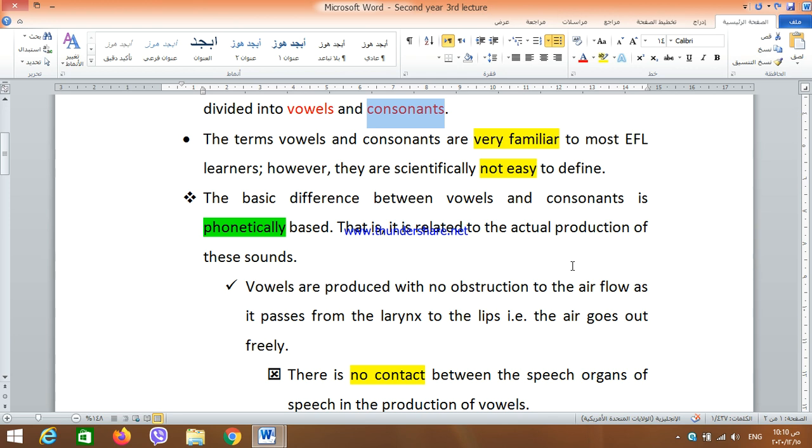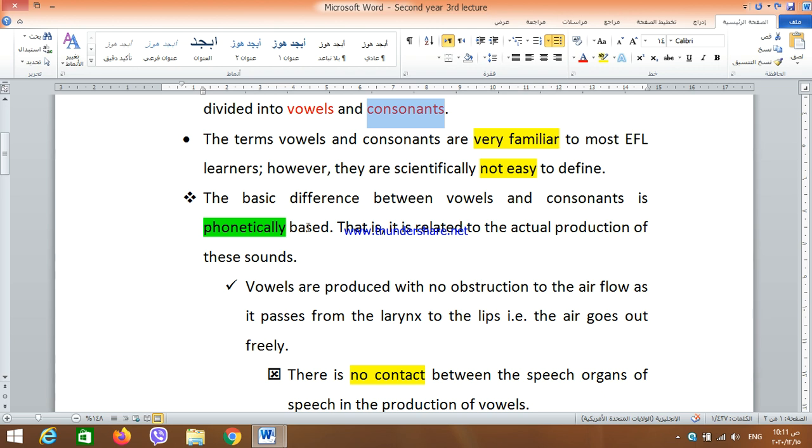Now, the terms vowels and consonants are very familiar to most foreign language learners. However, to scientifically define these terms is not an easy task. Now, if we start with differentiating between vowels and consonants, first of all, we need to talk about phonetic issues.